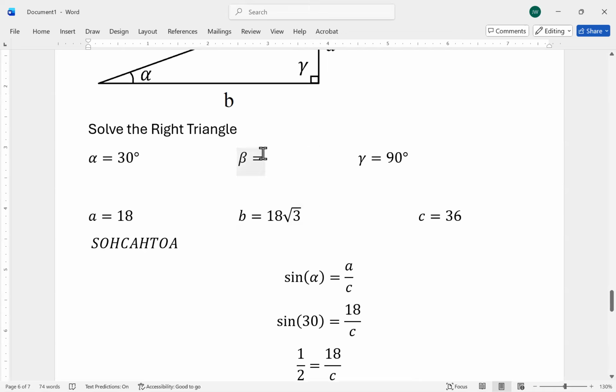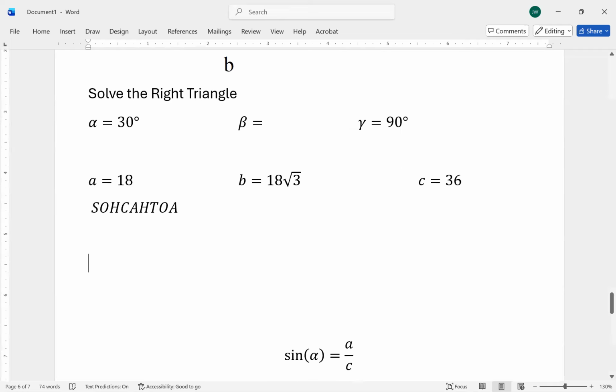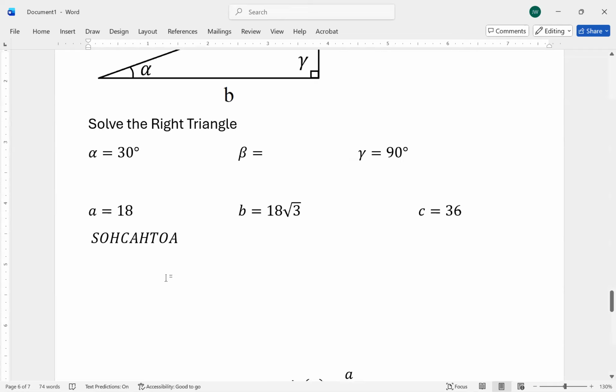Now, there's lots of different ways to find beta, but probably the easiest way to find beta is once we've established alpha. Alpha is 30 degrees, so beta is going to have to be 60 degrees because the three angles of the triangle add up to 180 degrees.